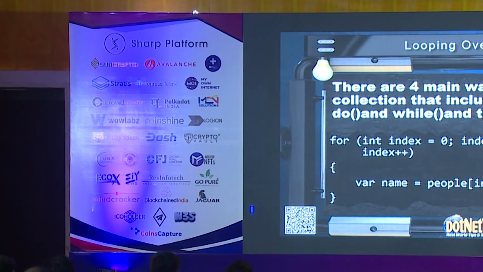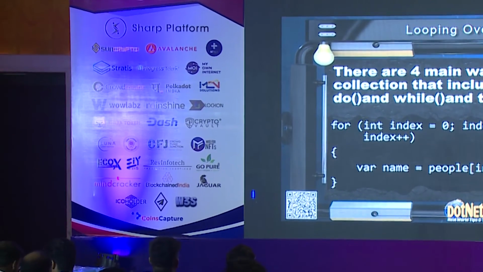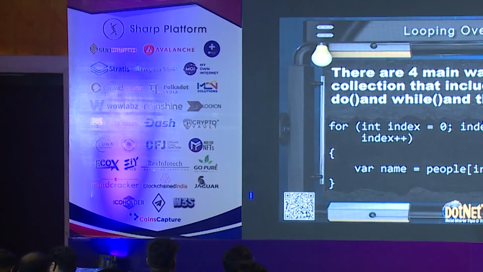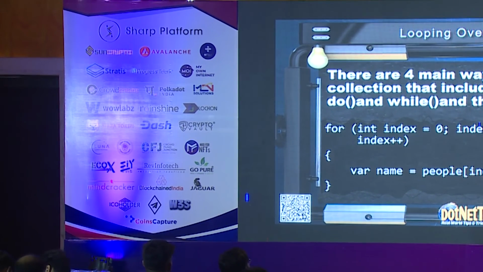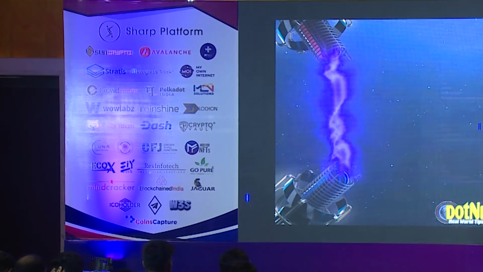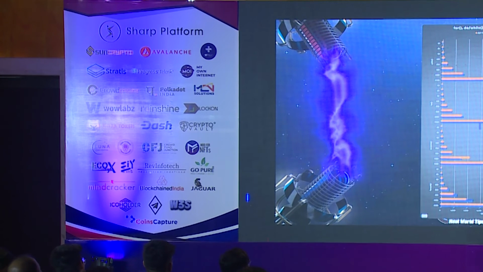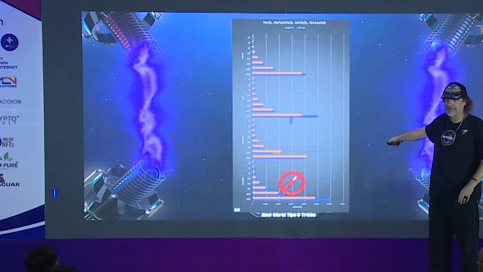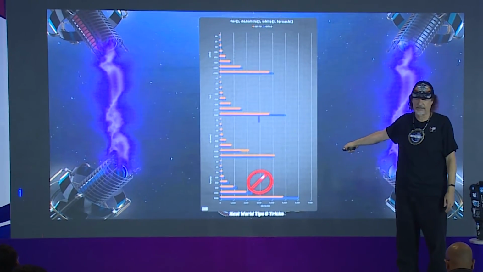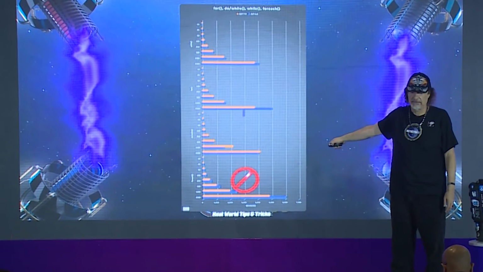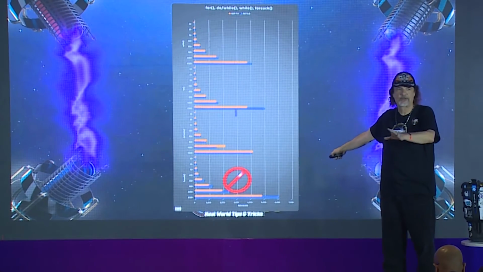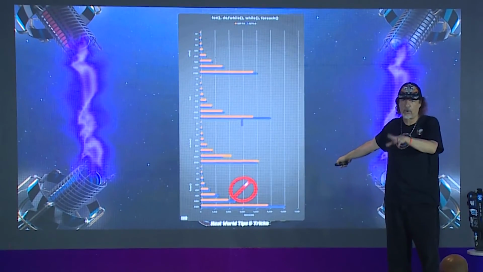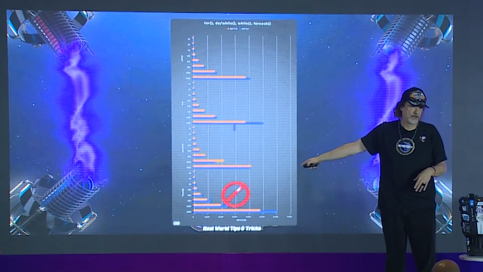I would say 90% of the code I see uses foreach. You can see down at the very bottom is the foreach. It is slower than the other ones overall, okay? So if you can go through a collection, always use for or do or while.